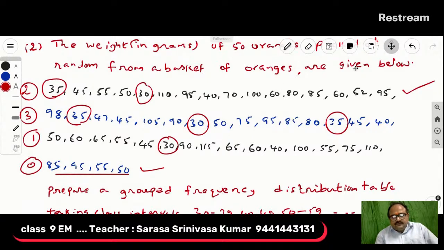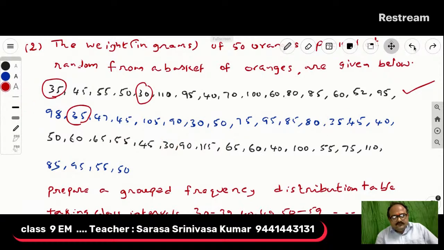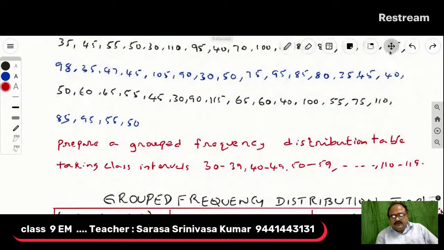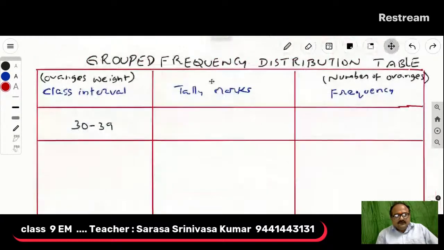So let us write this step. 6 oranges are there having the weight from 30 to 39 grams.